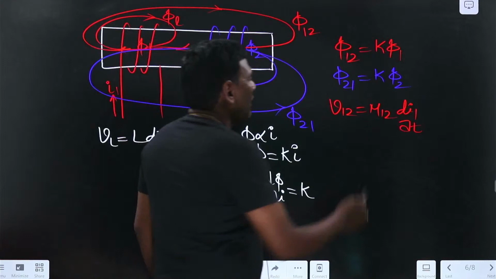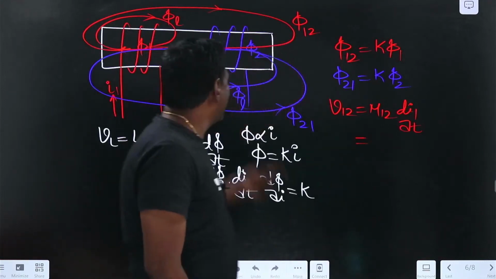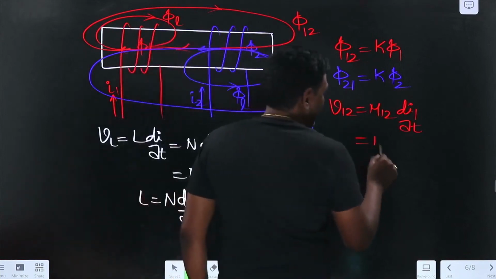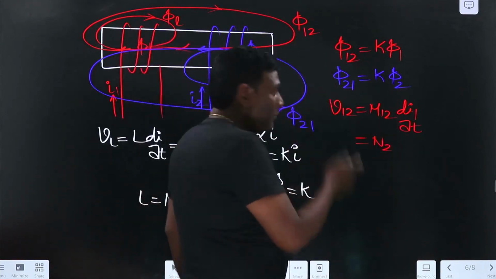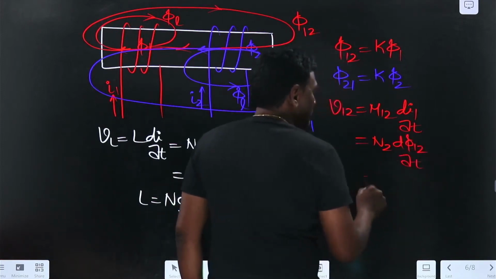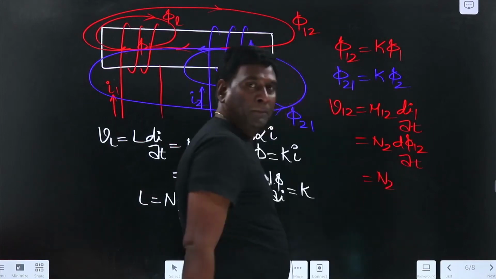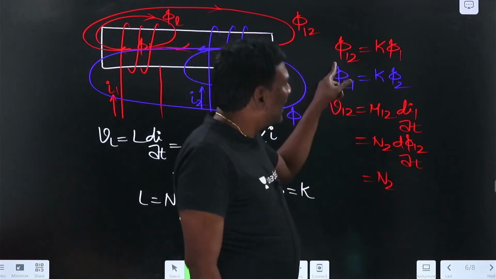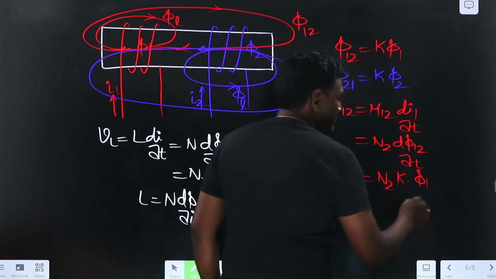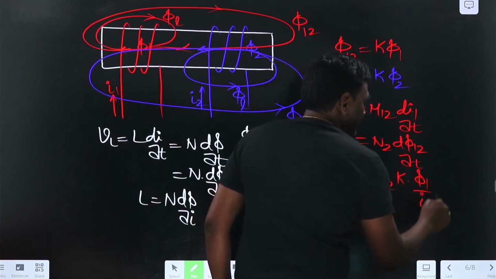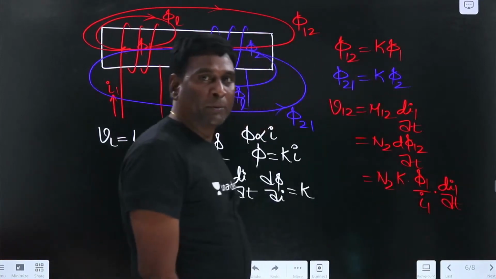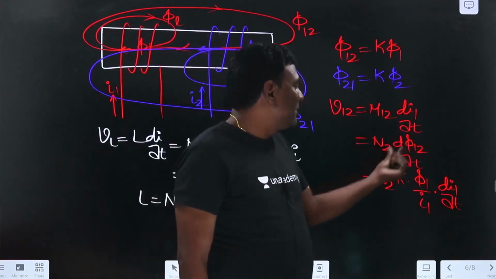Or we can write the induced voltage depending upon the number of turns of this coil, so N2 into d phi 12 by dt. So this is N2 into d phi 12, where phi 12 is k into phi 1 by I1 into di1 by dt. Got my point, right?